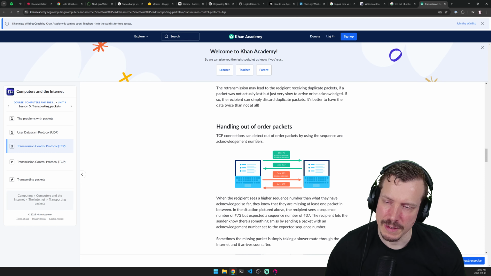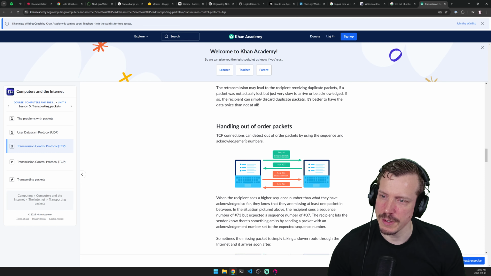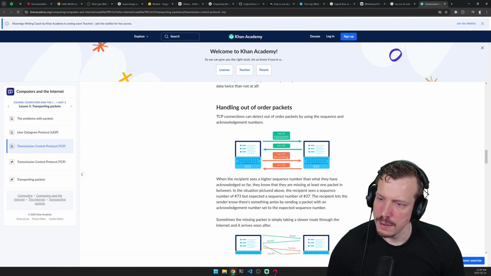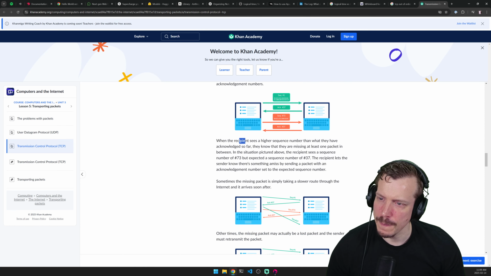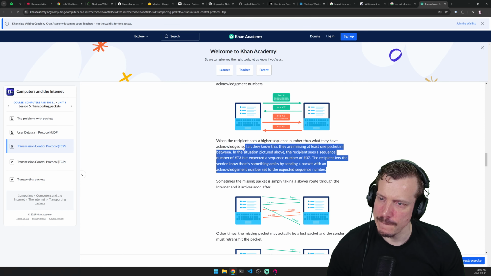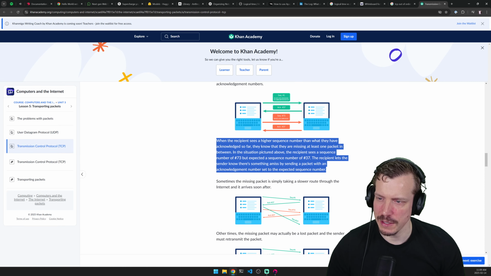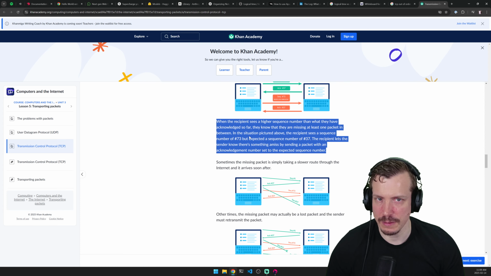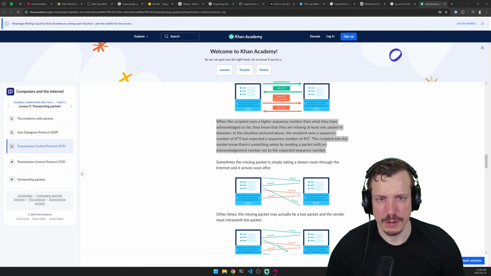TCP connections can detect out of order packets by using sequence and acknowledgement numbers. At least one packet in between. Okay, so this is like contiguous. This would be like what I'm trying to do with Lamport clocks.